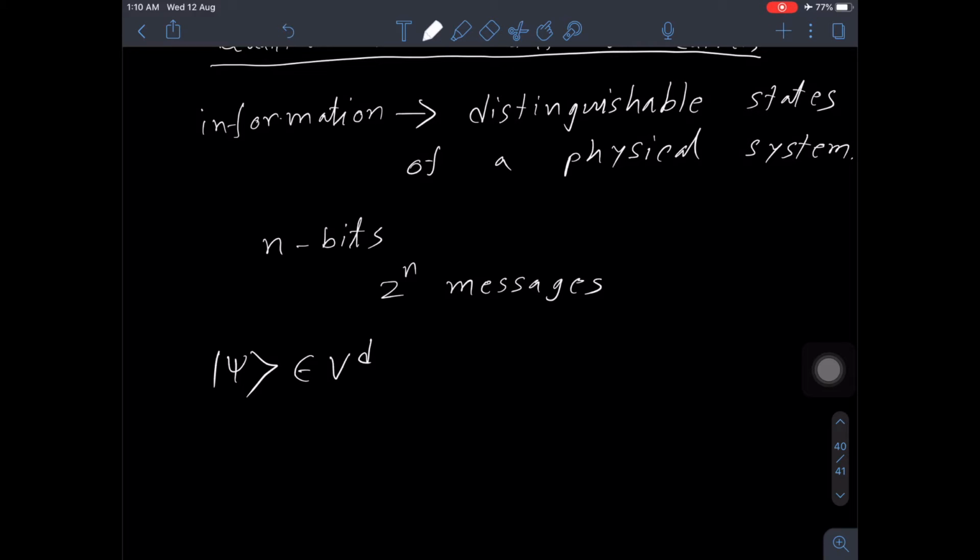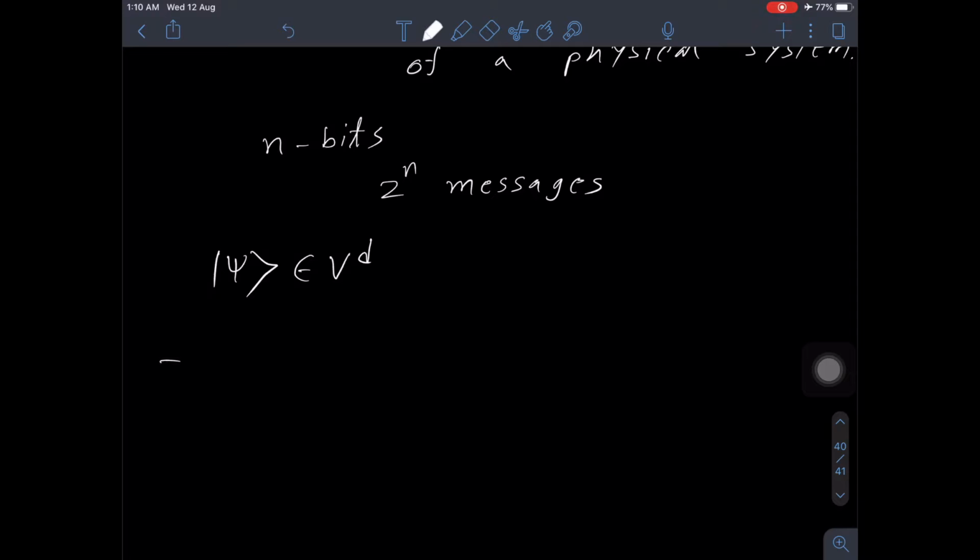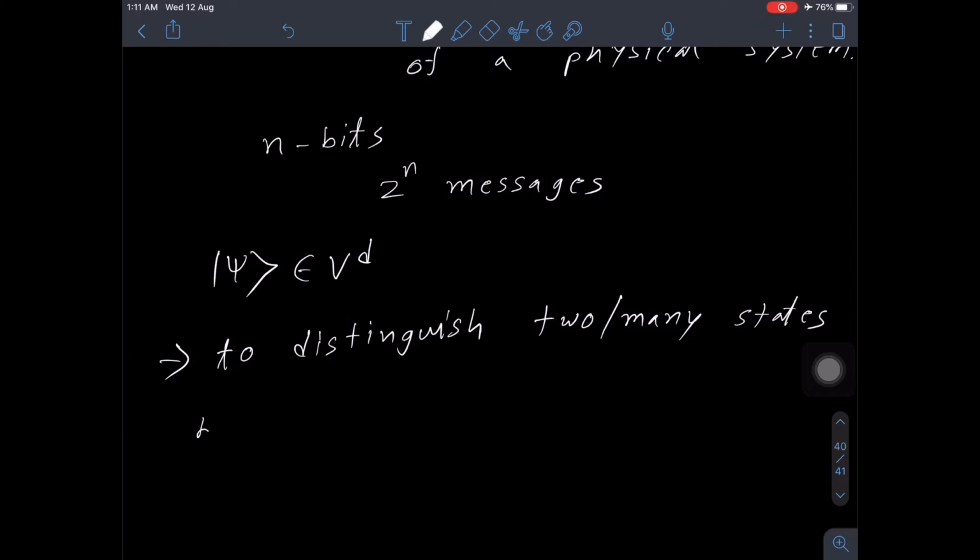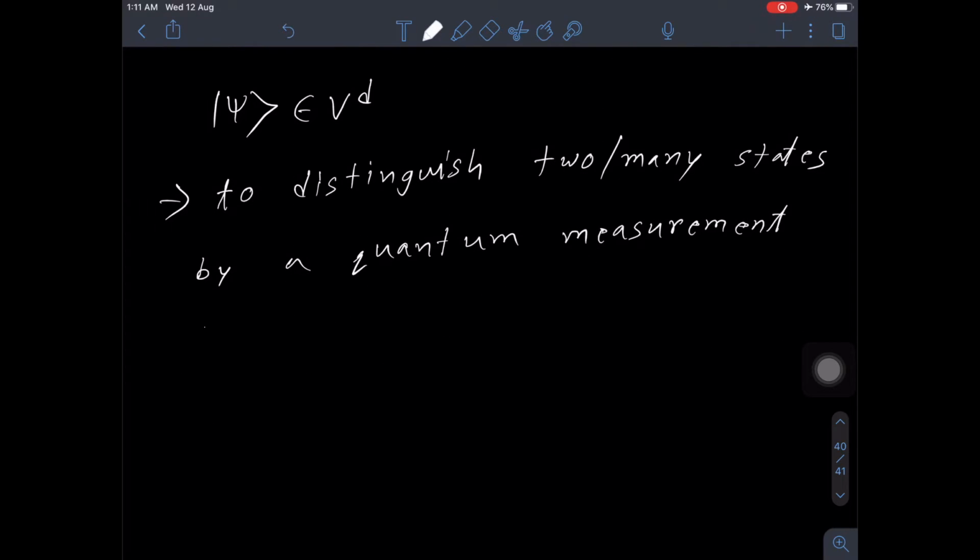Although there are infinite possible combinations of psi, to distinguish two or many states by a quantum measurement, they have to be mutually orthogonal.